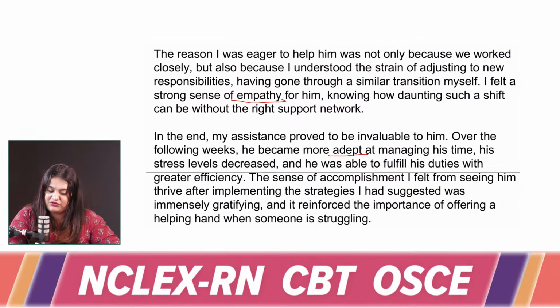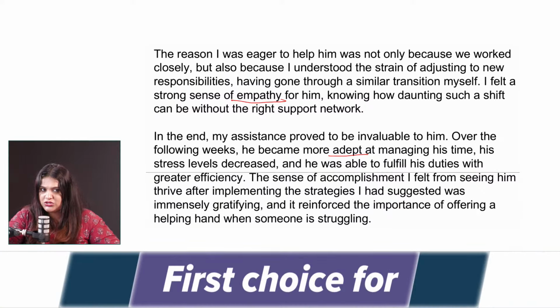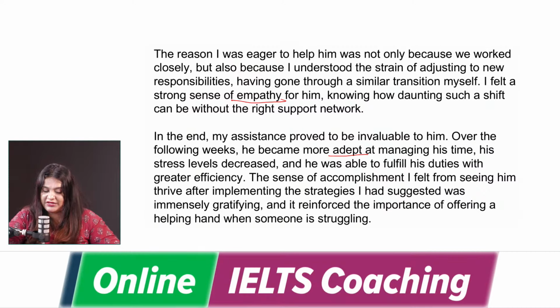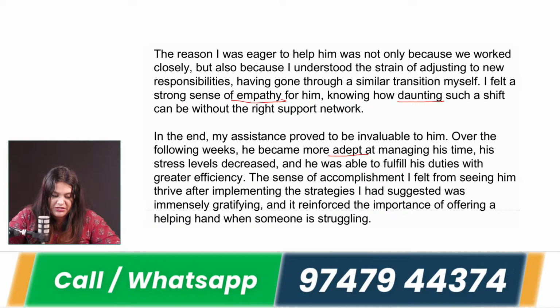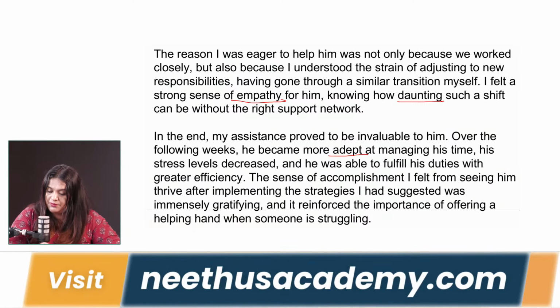So that is how the word empathy is used. I felt a strong sense of empathy for him, which means you understood from his perspective, from his point of view. Another word is daunting. Daunting means intimidating or difficult to deal with. So knowing how difficult such a shift can be, instead of difficult, I use the word daunting there.